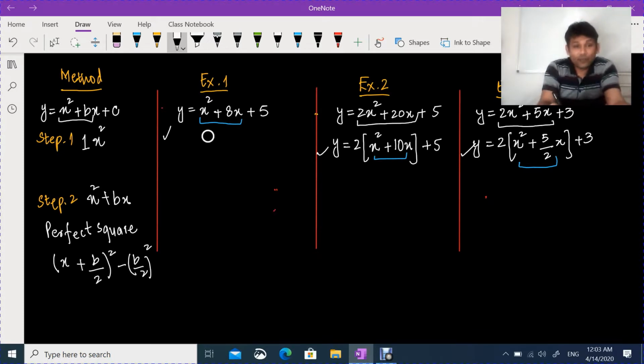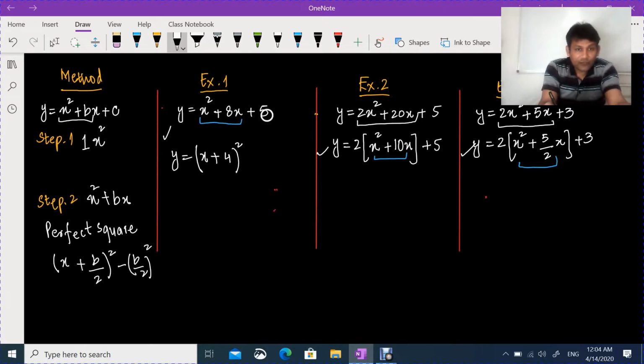Here I want to apply it. What's step number 2? Step number 2: y equals, just consider these two terms. The method is x plus half of b, whole squared. I will write x plus half of 8. What is half of 8? 8 upon 2 is 4, and whole squared.